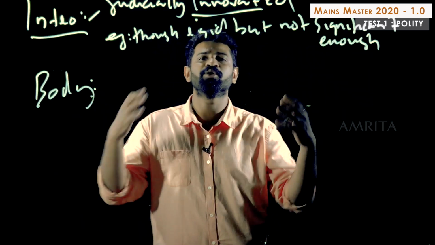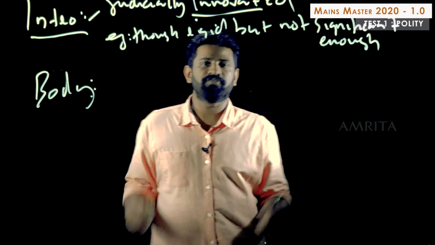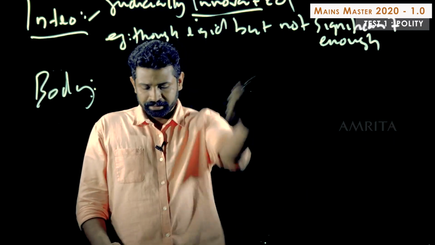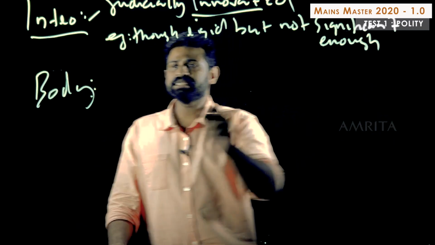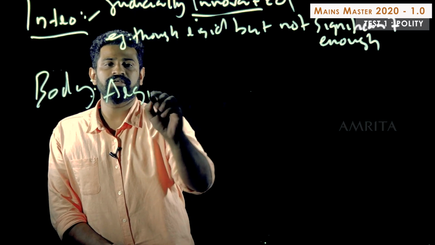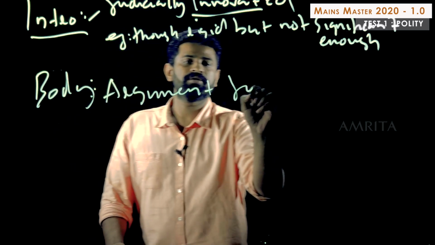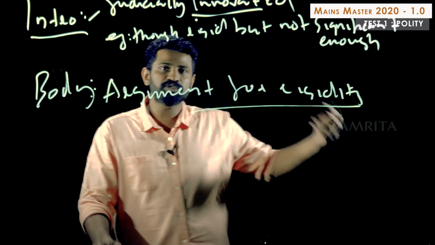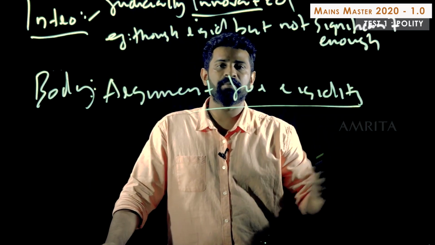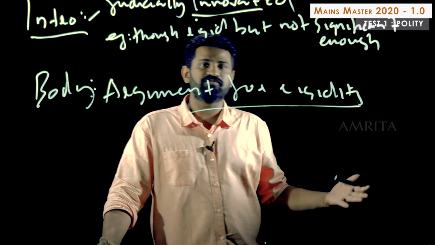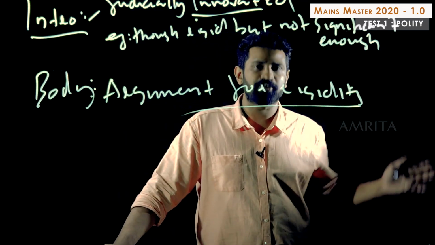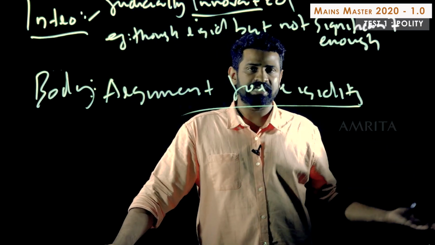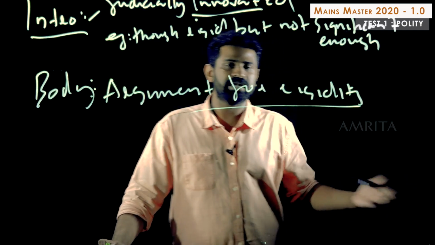So now here you could bring in many parts of the basic structure doctrine also. Sorry, I forgot to write it here. So that is the first argument for rigidity, right? Prior to basic structure, the Indian Parliament, if it had enough majority, could amend any part of the constitution to suit the changing requirements or changing conditions that emerge.